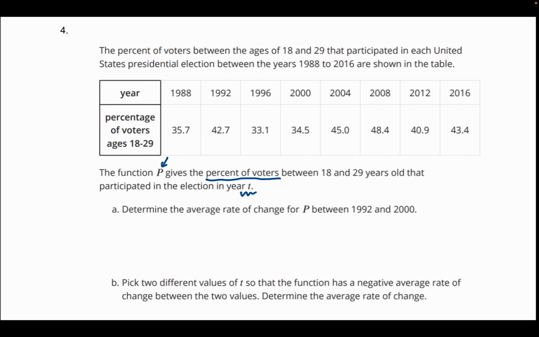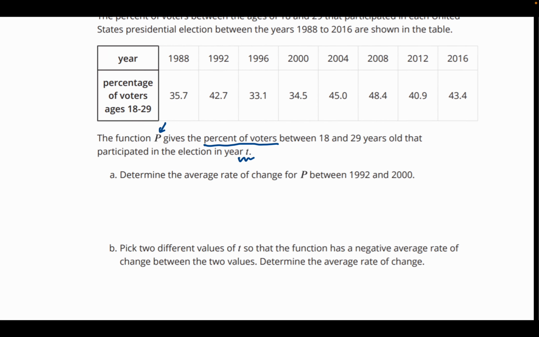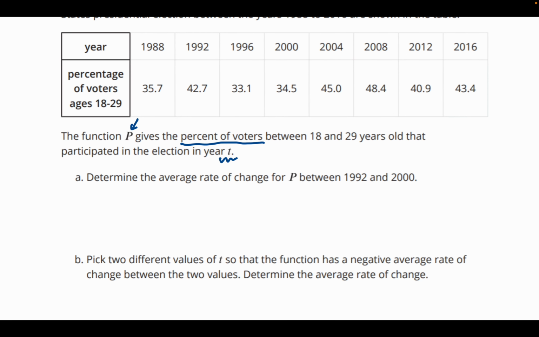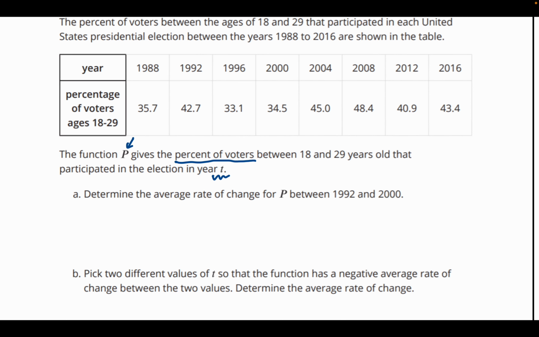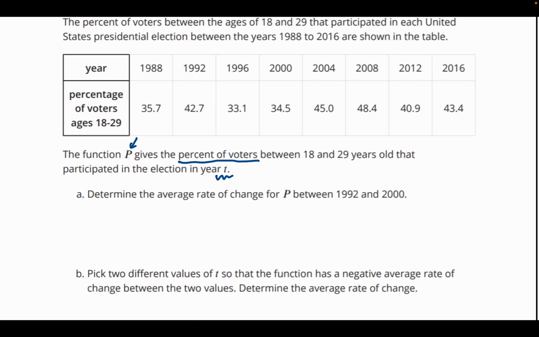So this is just like doing slope, and I'm going to demonstrate the method I like to use for doing slope, but I'm going to write these as ordered pairs. So I'm going to write out first that I have 1992 as my input, and my output is 42.7. And then I'm going to write out 2000 and 34.5.